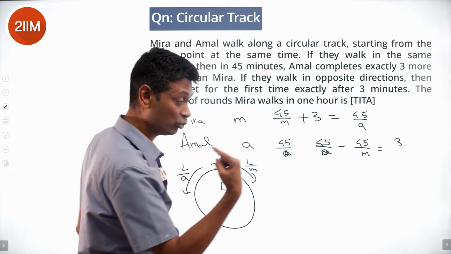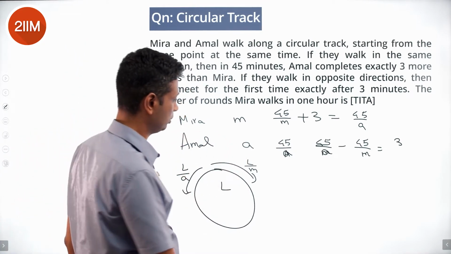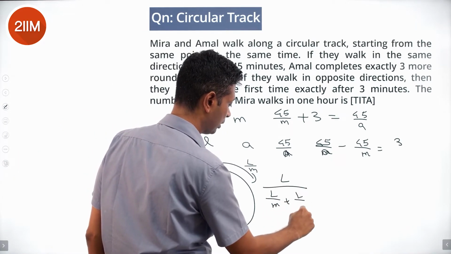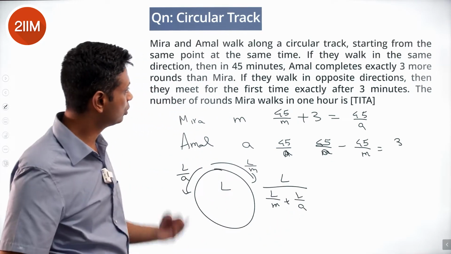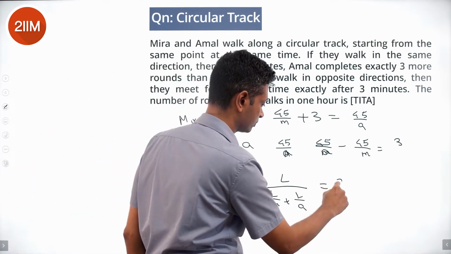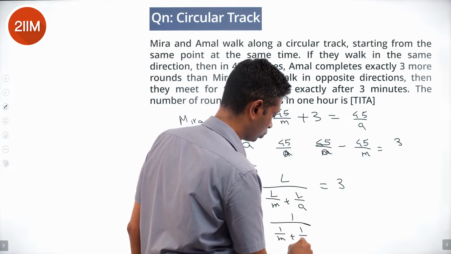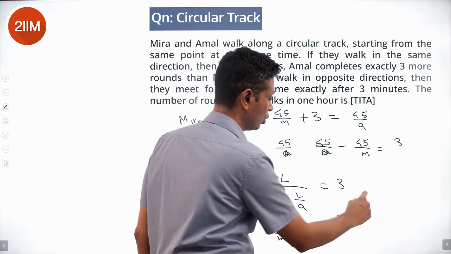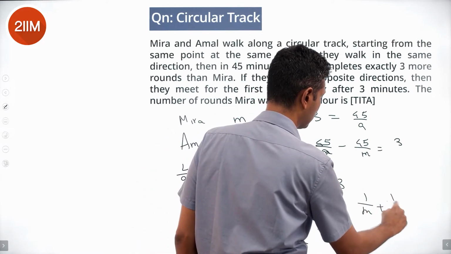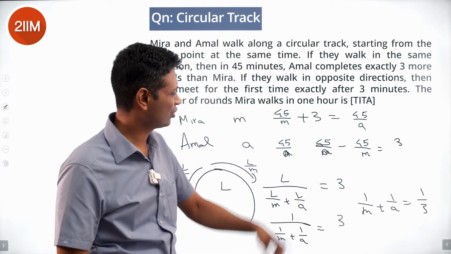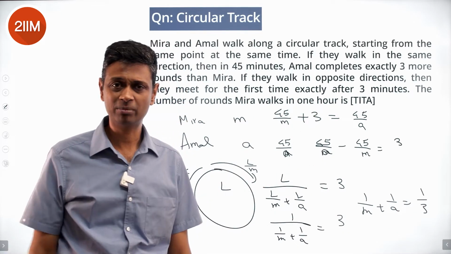So the time taken for 1 round will be lap by (lap by m plus lap by a). This is equal to 3, or 1 by m plus 1 by a is 1 by 3. After this, solve these two, we can get m and a and then simplify that.